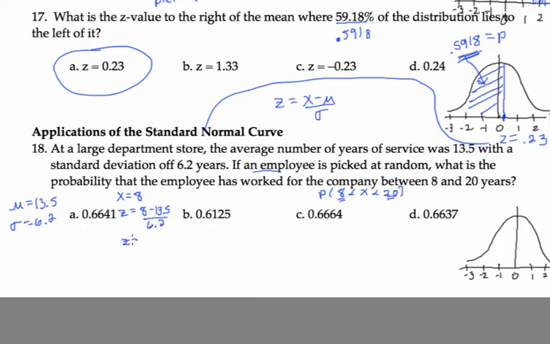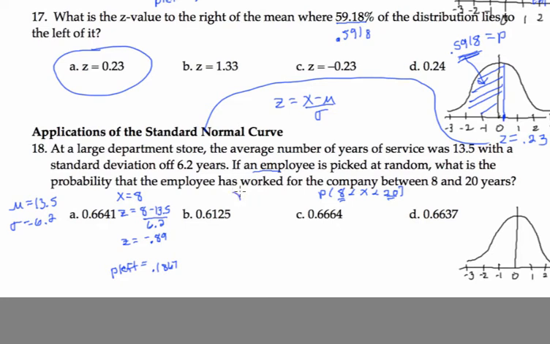So I'll simplify that and I'll find that the z-score that goes with 8 is negative 0.89. Then I go to my table. I put the z-score on the side of the table and I find the probability that I'm to the left of that z-score. I read off the probability from the inside of the table, which is 0.1867.